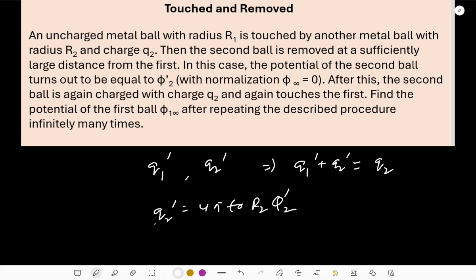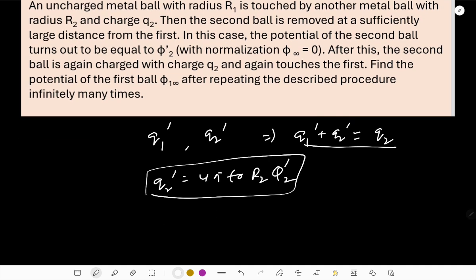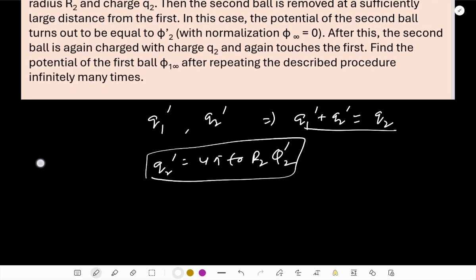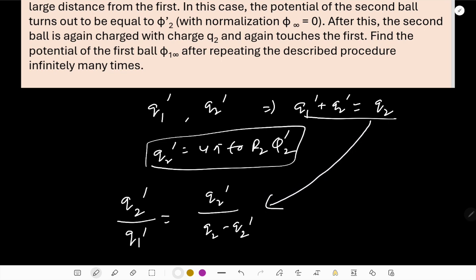So q2 dash value is here, and we have a relation like this, of this nature: q2 dash by q1 dash will be q2 dash divided by q2 minus q2 dash. I just framed this relationship from this equation, the principle of conservation of charge.